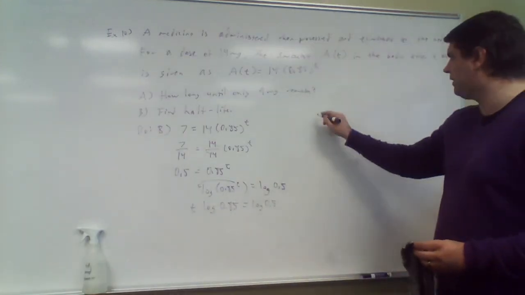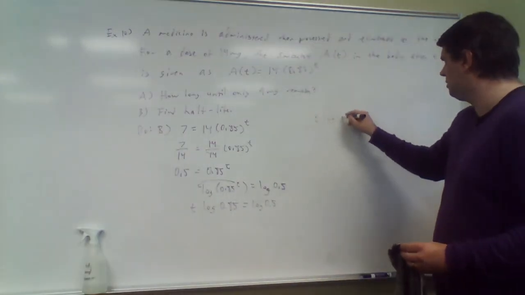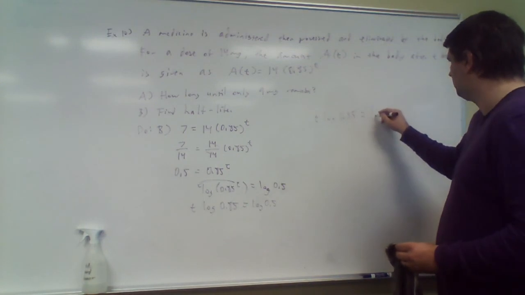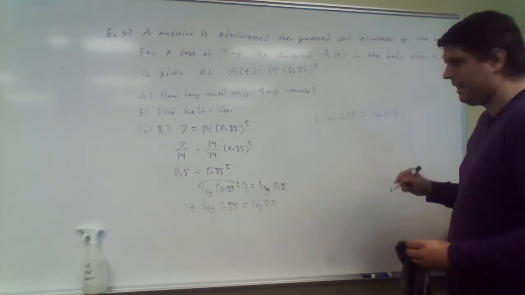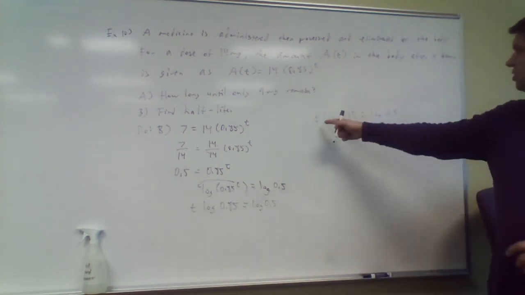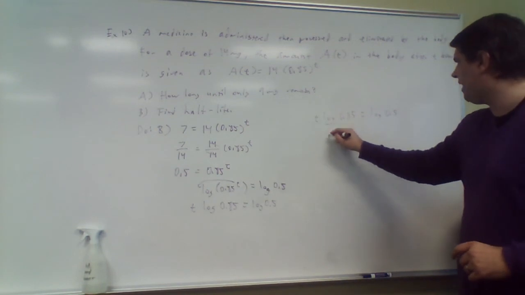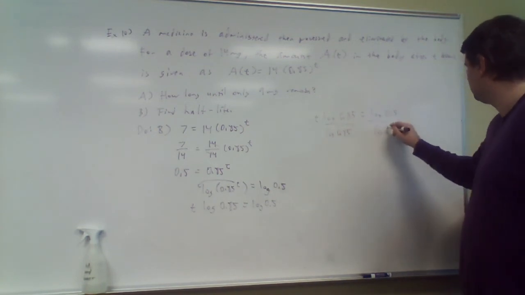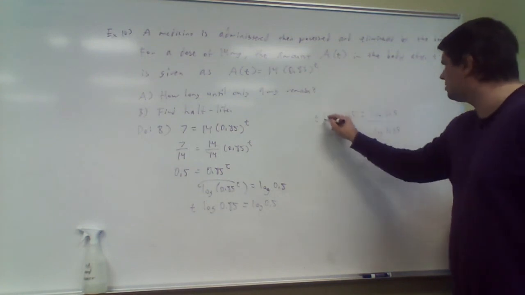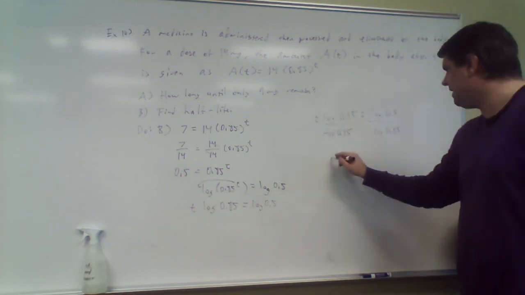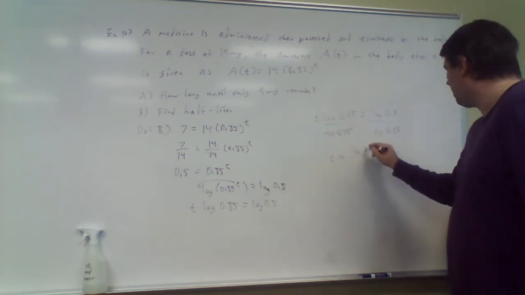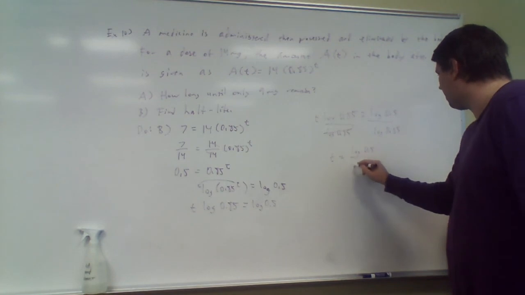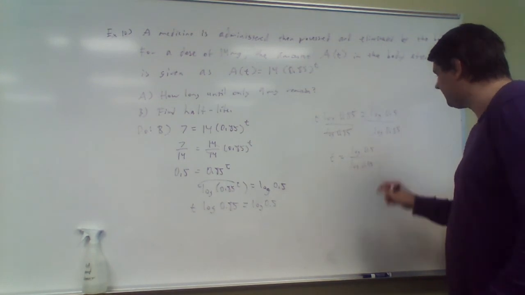So I'll just copy it over here. And then I want to isolate the t, so I'll divide off the log of 0.85. Cancel, cancel, and t equals the log of 0.5 divided by the log of 0.85.